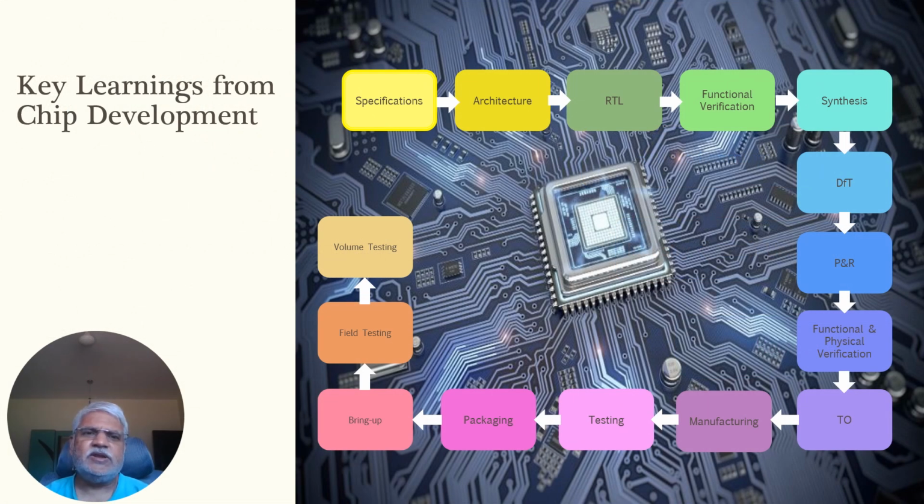Every successful endeavor, whatever you consider, starts with a clear specification, and chip development is no exception. A semiconductor product generally begins with marketing requirements for a new product, which defines what the product will do, how it will be used, what are its interfaces, where it will be used, and what performance metrics it should meet.